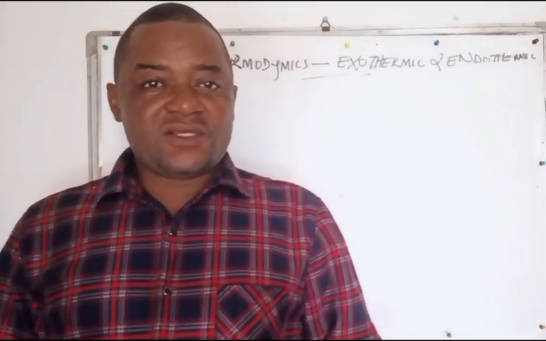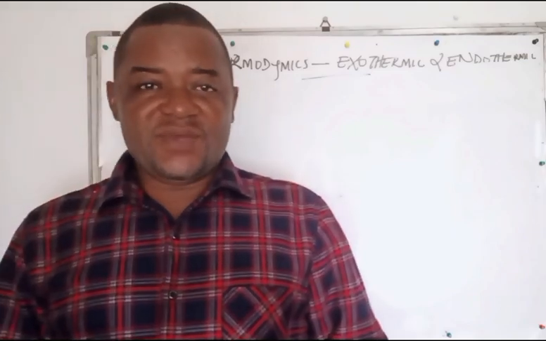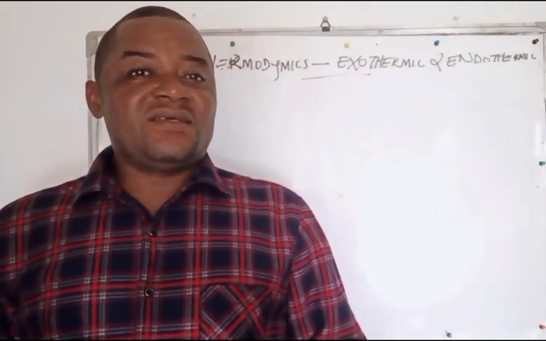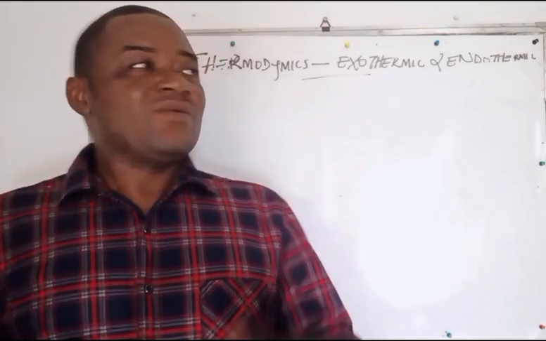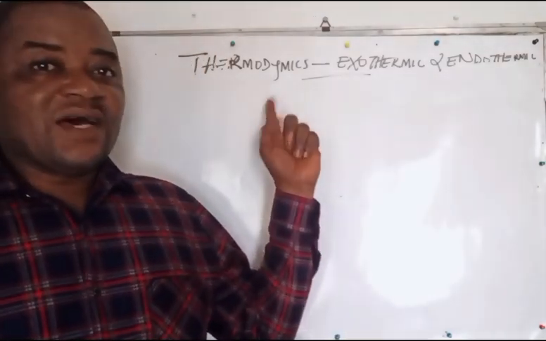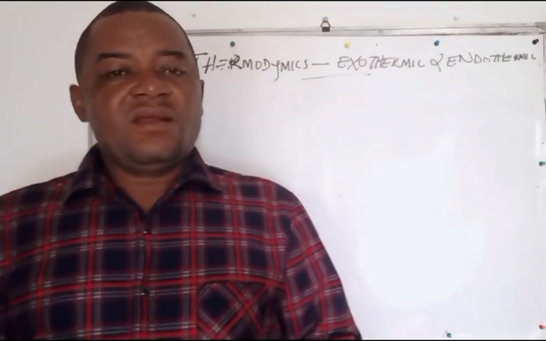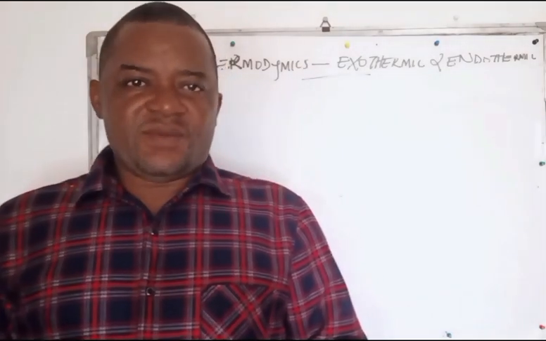Today we are going to be discussing exothermic and endothermic reactions. This topic is under what we call thermodynamics. Thermodynamics is quite large, but there is something important about it.